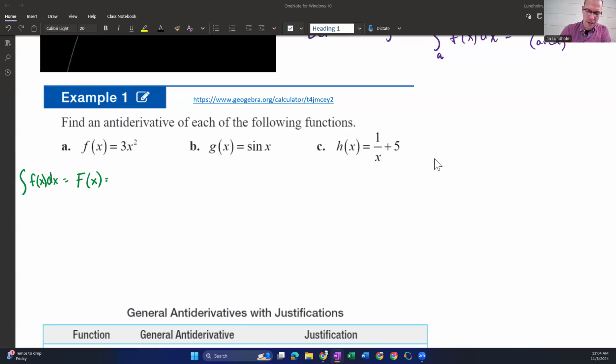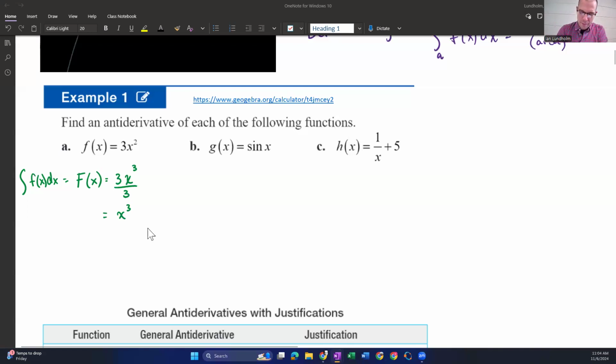So the idea would be add 1 to the exponent and give us x cubed, but we're also going to divide by that exponent. So the 3x squared becomes 3x cubed first, and then you would divide by 3, and you get just a plain old x cubed.